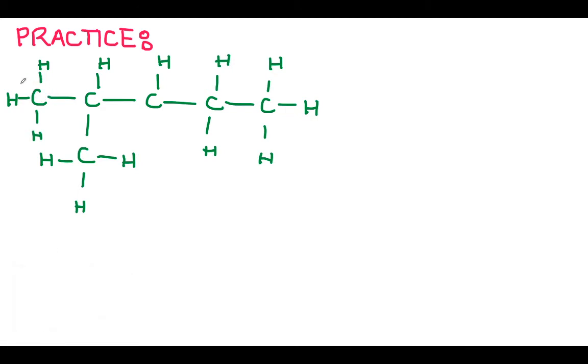So I'm gonna start here. Let's say this is 1, 2, 3, 4, 5. So I want to number the longest continuous carbon chain. So I've got 5 carbons there. So you'll notice there's this whole carbon here off to the side that is not part of our chain.